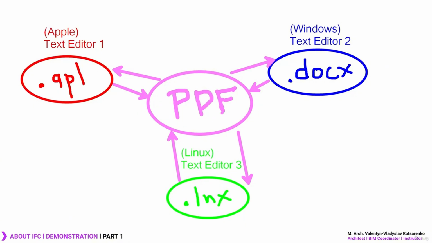So pretty much this is what's going to happen with IFC. If we replace the names, let's say that in Revit we have the RVT type of format for BIM models. Let's say that maybe in ArchiCAD we have the PLN type of format, and let's say that in maybe SketchUp, just another example, we have another type of format, okay?